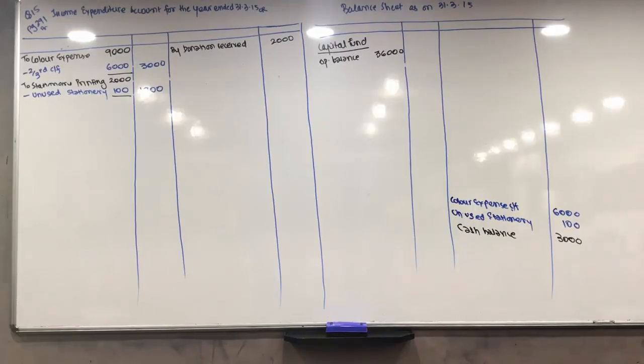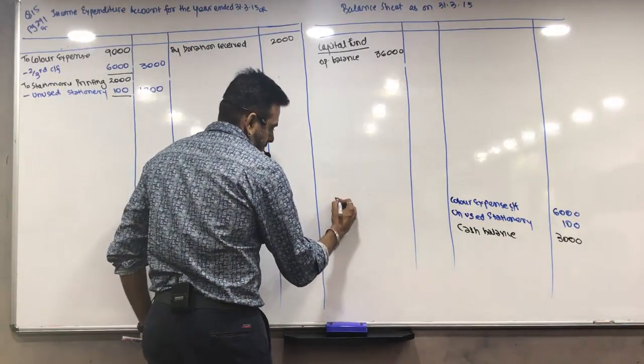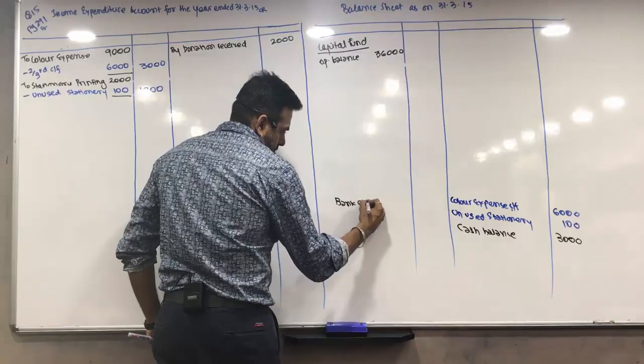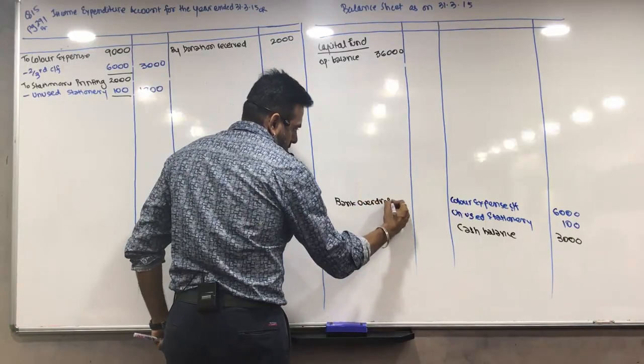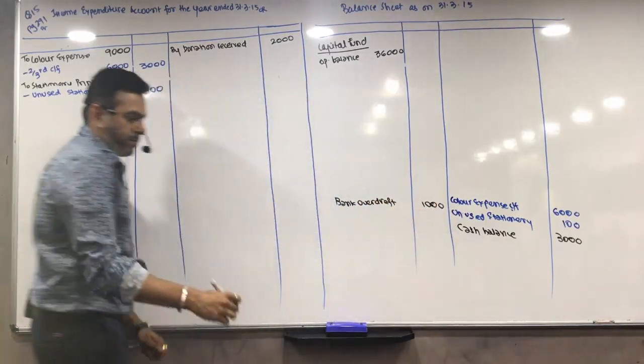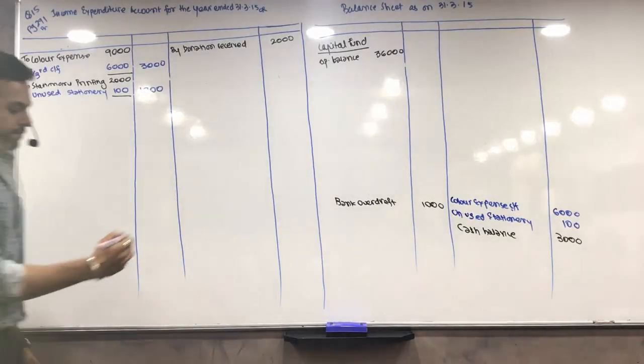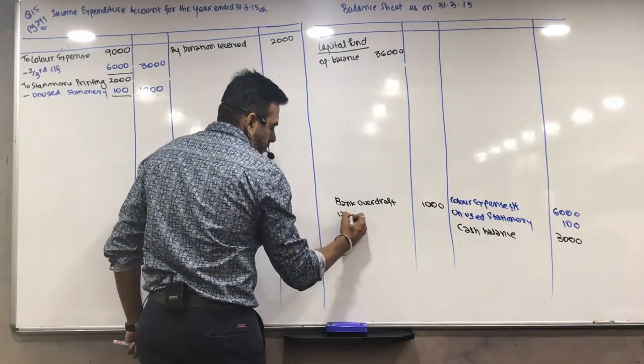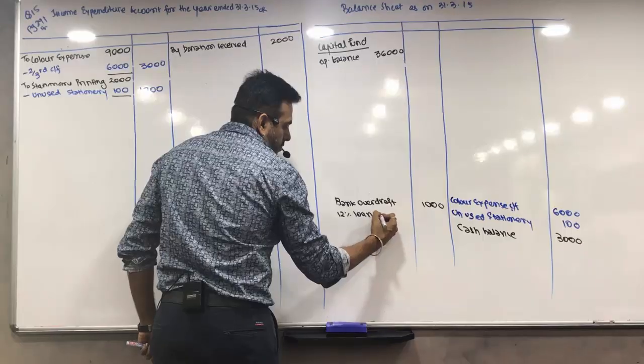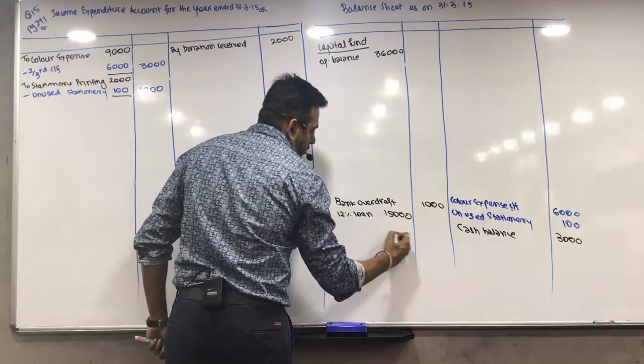Then bank overdraft, liability, 1,000. 12% loan, inner column 15,000. We'll do this along with interest on loan.